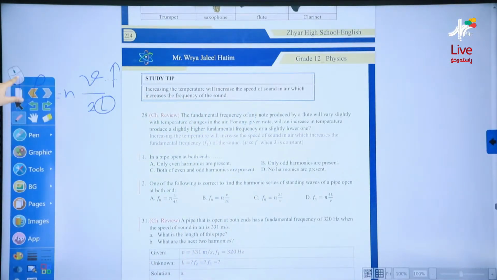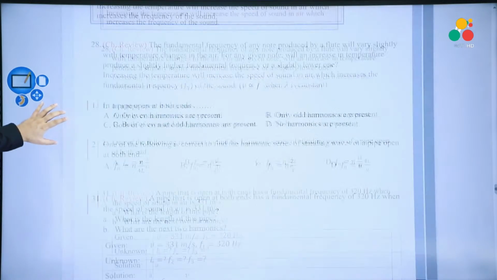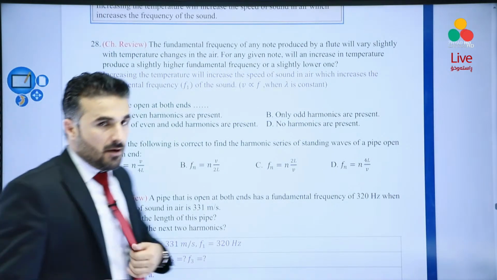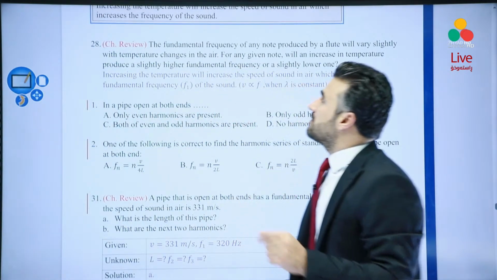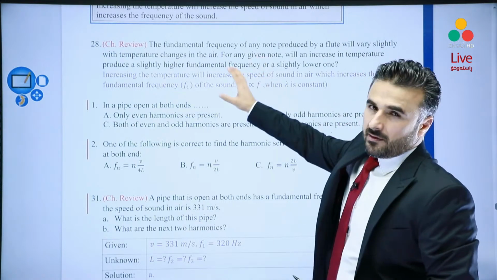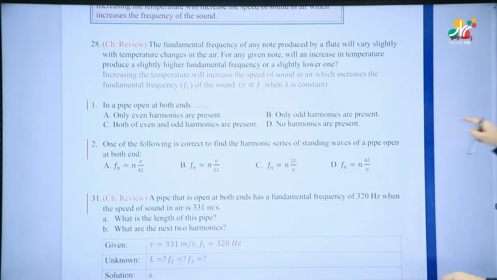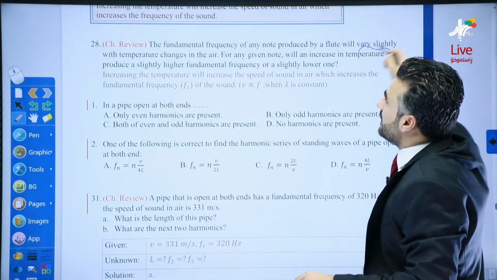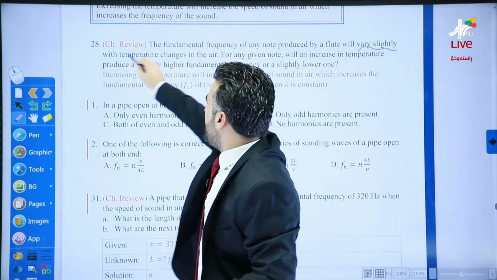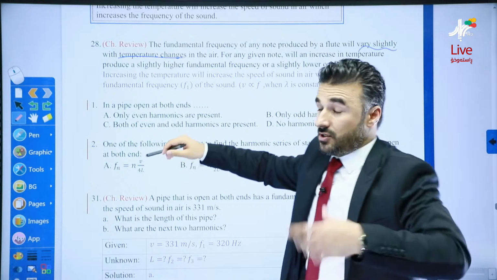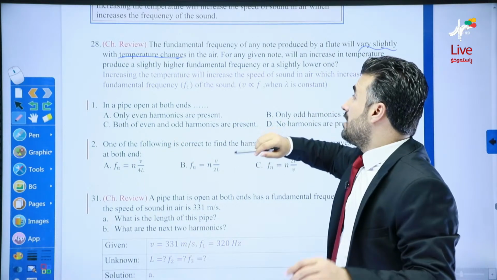So now, why are we studying this? I'm telling you this because I have a question related to it. The question says the fundamental frequency of any note produced by a flute will vary slightly with temperature change. So it tells you that it changes slightly with the temperature change in the air.